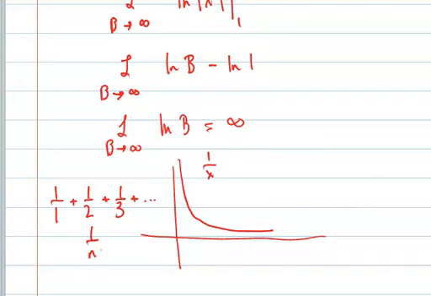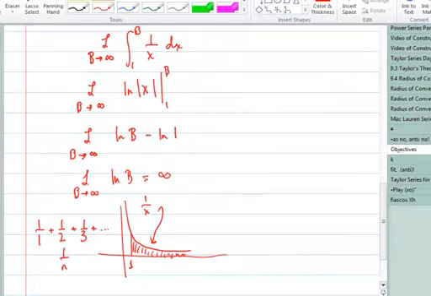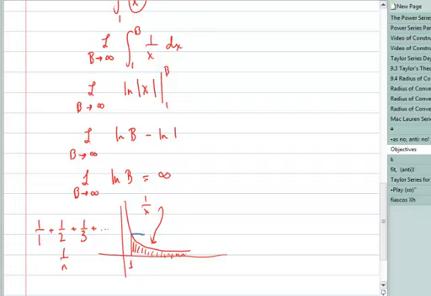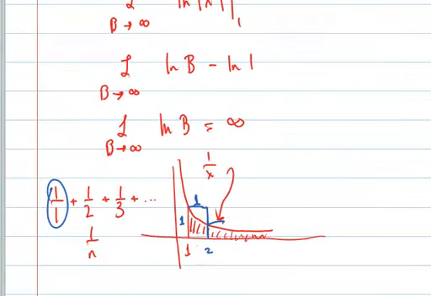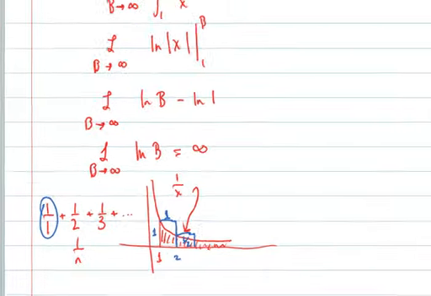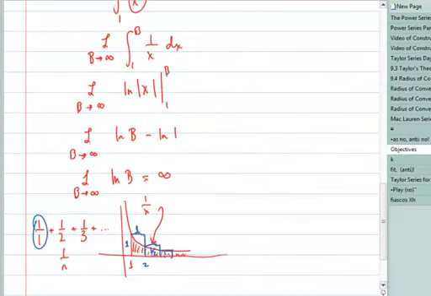If we were to add all those up, we'd be basically adding up the area of these discrete rectangles that I'm going to draw, which have a size of 1 by 1 for the first one. That would be this one. Half of that, that would be a half. The next one would be a third.